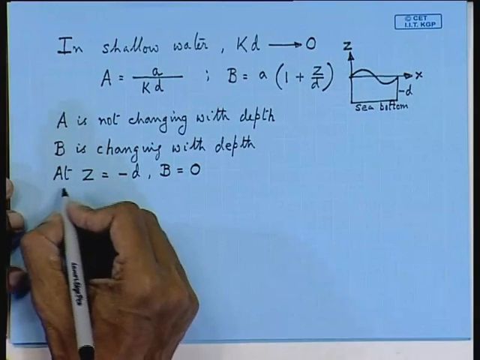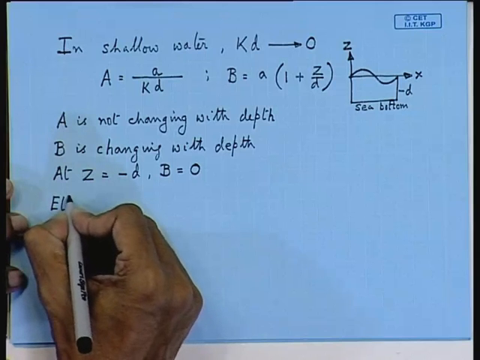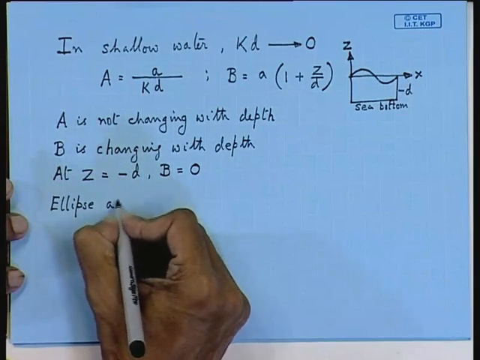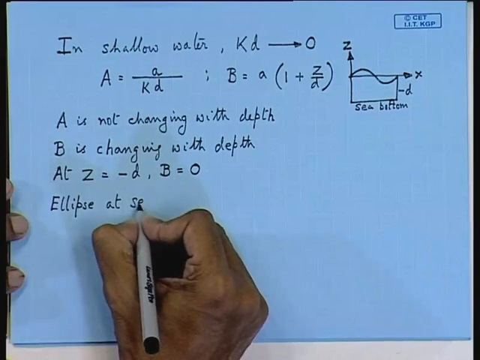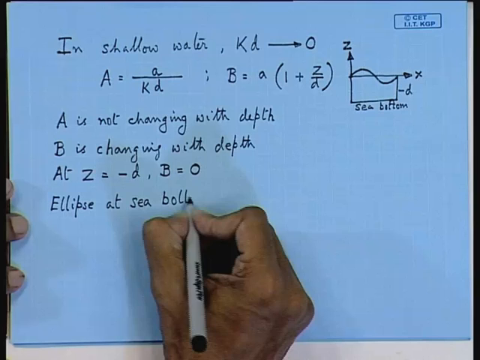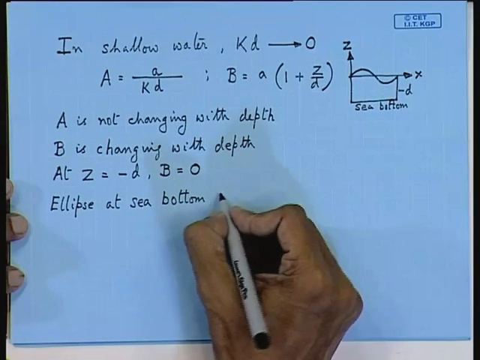So, the ellipse at the sea bottom degenerates into a straight line.